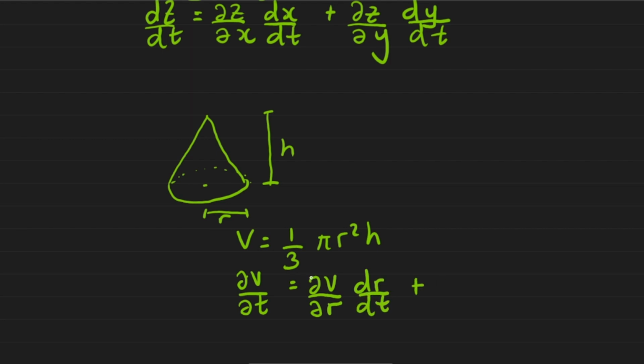This is the first part of this equation, which is what you see here, dz dx, dx dt, that's dv dr, dr dt. And then the second part of the equation is how the volume is changing with the height, multiplied by how the height is changing with time.